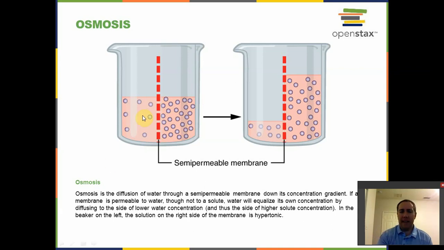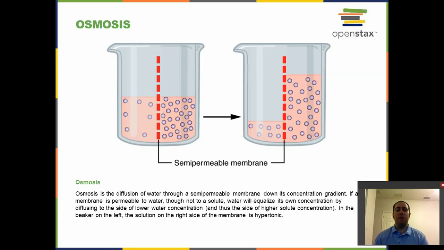We have the same amount of water on both sides. And so, if there was no sugar involved here, there would be no reason for water to move from one side to the other. But you can see in the diagram, water moved from the left over to the right.